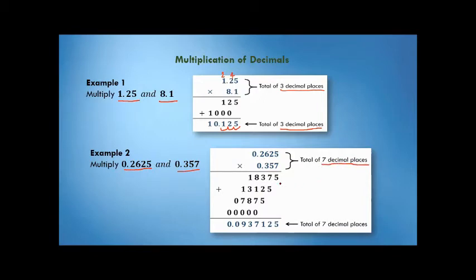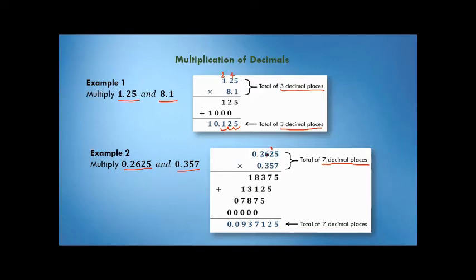Then proceed na tayo sa multiplication digit by digit. 7 times 5 is 35. 5 lang isusulat dito, ang 3 nandito. Next, 7 times 2 is 14, plus 3, 17.